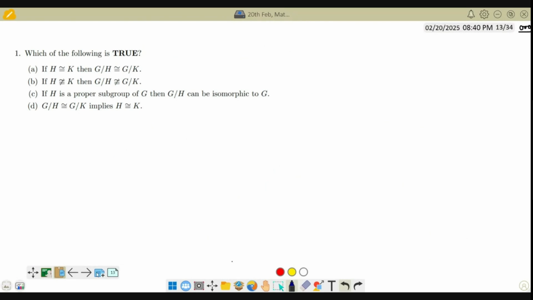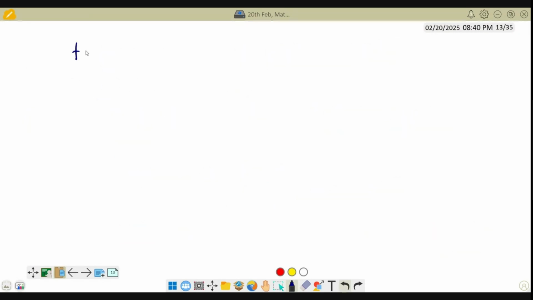Yes, sir. Like for example, if you consider Q to Z, is there any group homomorphism from Q to Z? The zero group homomorphism.